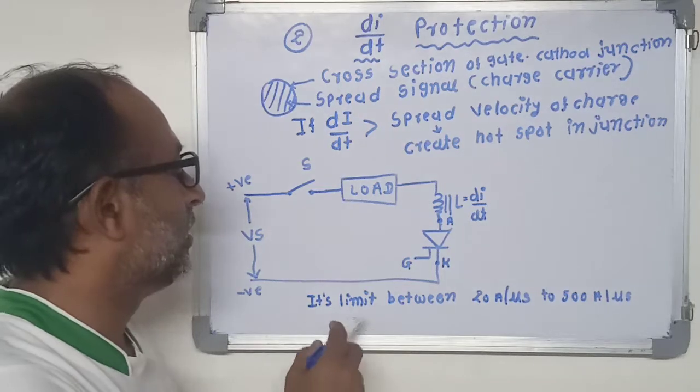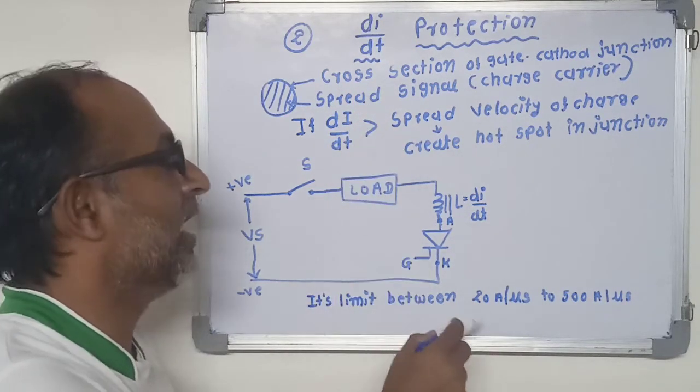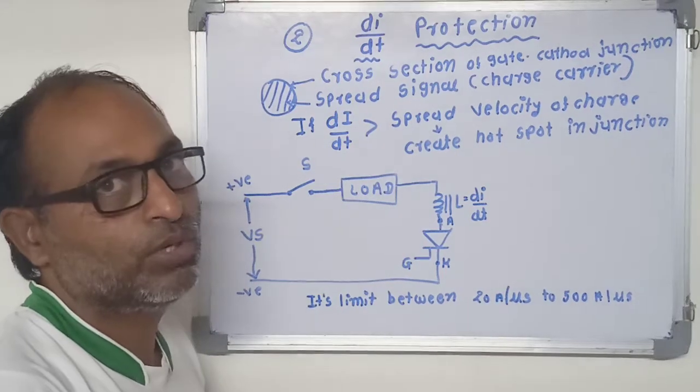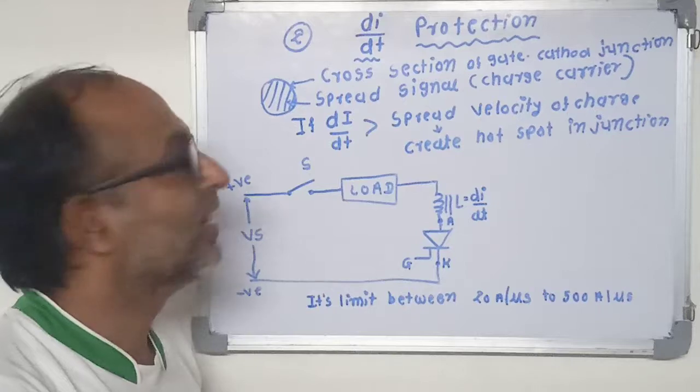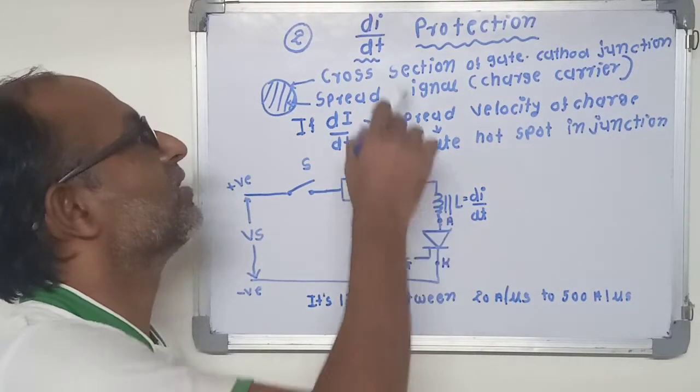The typical values of dI/dt are 20 to 500 ampere per microsecond. So you can say that these inductors provide protection against dI/dt.